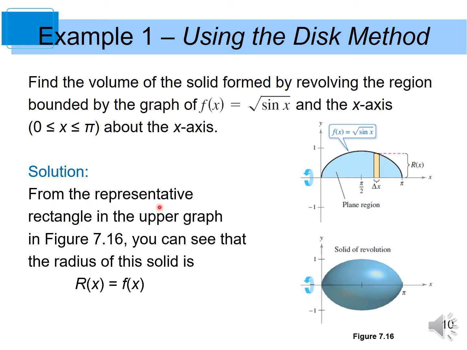From the representative rectangle in the upper graph, you can see that the radius of this solid is equal to the height of this rectangle, which is the function f of x, where f of x is equal to the square root of sine x, as given in the problem.